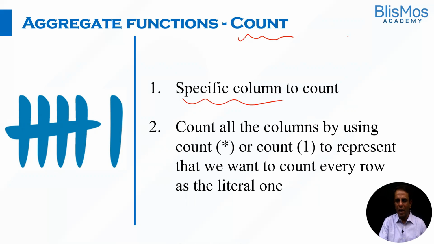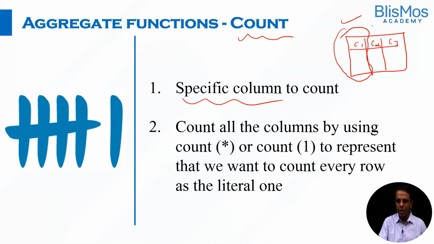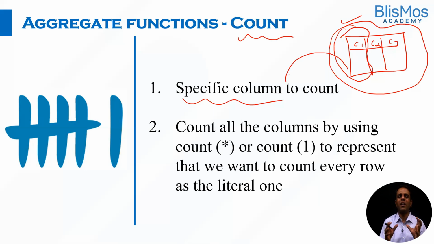If you have multiple columns, let us say column 1, column 2, column 3, either you can count only one column, or by specifying count star or by providing a literal, we can count all of the columns.